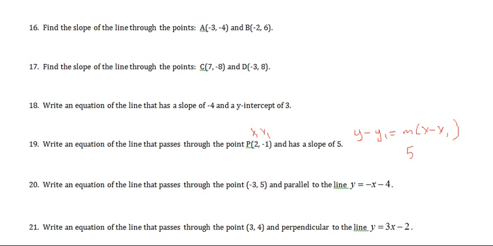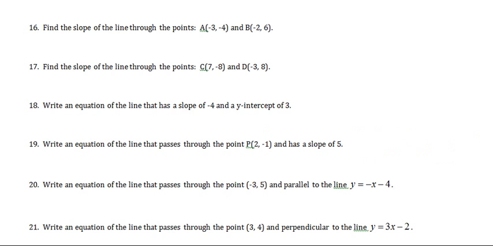This is my y1. So I get y minus a negative 1 equals 5 times x minus 2. Remember, this becomes a positive. It says write an equation. We can leave it like that. If they ask for slope intercept, we could do more to it. They didn't ask that. They just ask for an equation. So let's leave it.